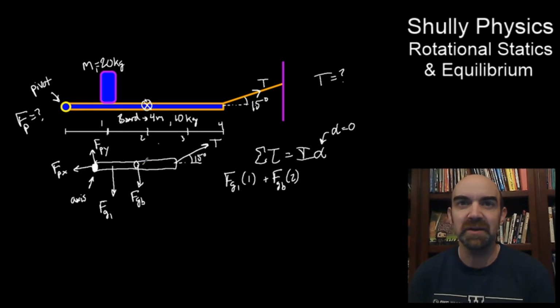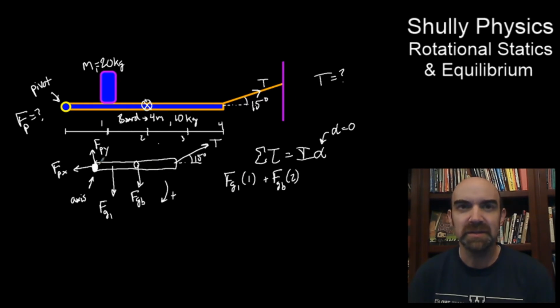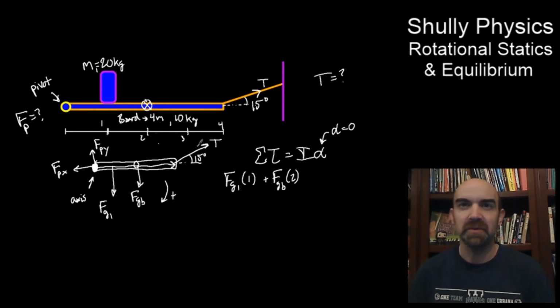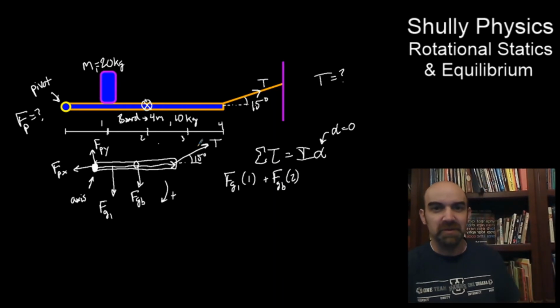And finally out here, evidently I've been causing a clockwise rotation to be positive. This tension, though, is going to apply a counterclockwise torque. And I'm going to try to let this cross product take care of itself. The torque arm extends from the rotation axis out to that point where the force is applied. Okay, so if we have a torque upward, let's try to get it from your perspective using the right hand rule.